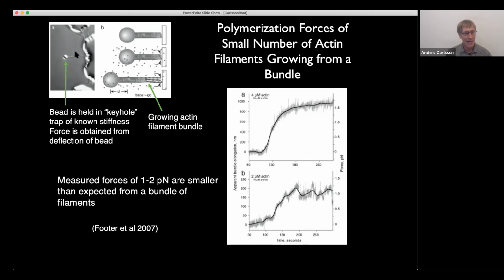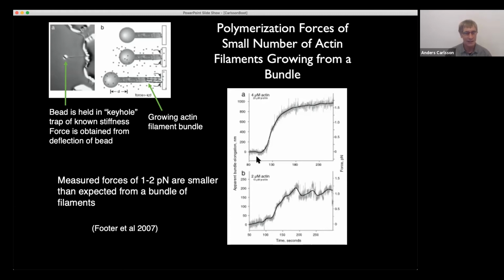And the acrosome is held in place in a special kind of trap that also freezes its orientation. So it's almost like you can hold this thing by hand and then have it grow against an obstacle, which is just a ledge on the slide here. And then it's held in an optical trap, which lets you measure the force. And then at the same time, you can measure the number of subunits added.